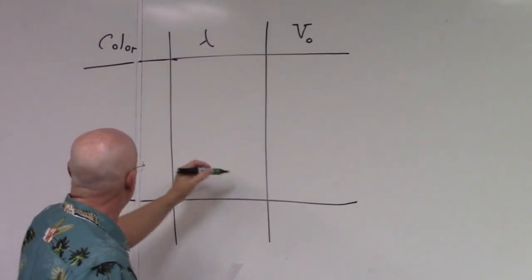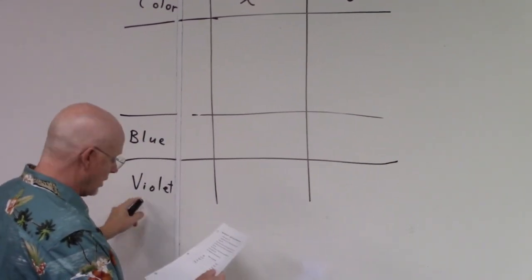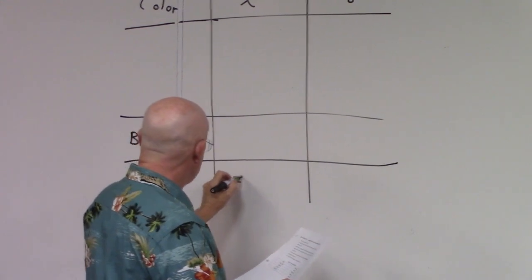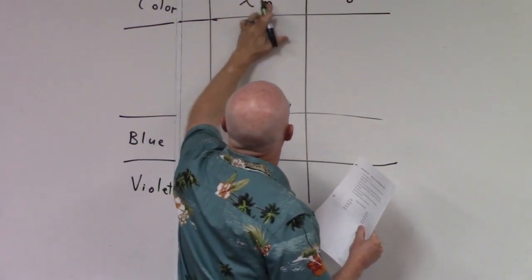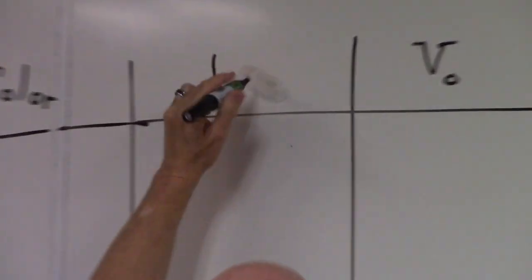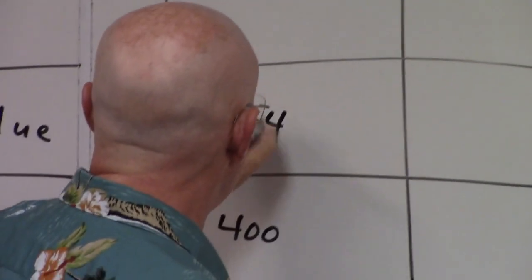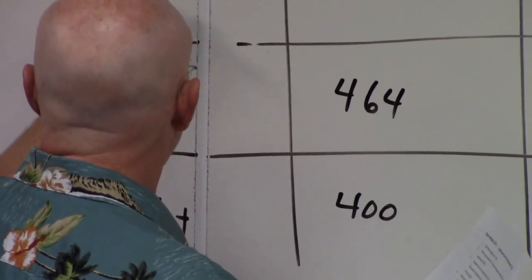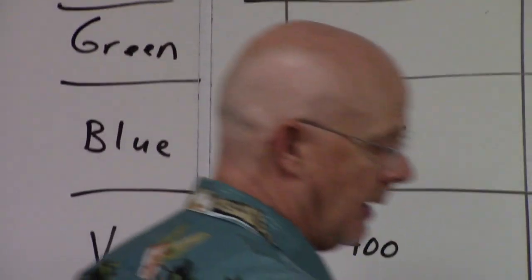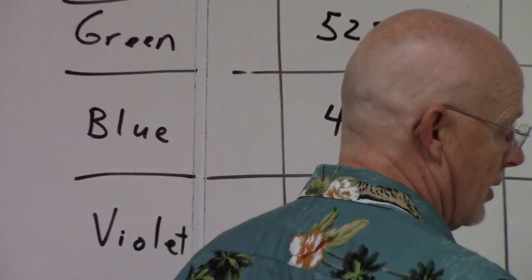Then I'll switch over to the blue light. And they list the wavelengths. The violet one has a wavelength of 400, and these would be units of nanometers. I'll switch over to the blue one, which will then be 464 nanometers. The third one will be a green, at 525 nanometers.